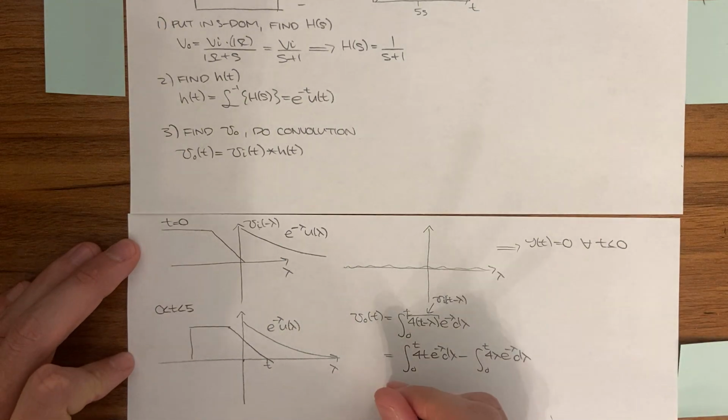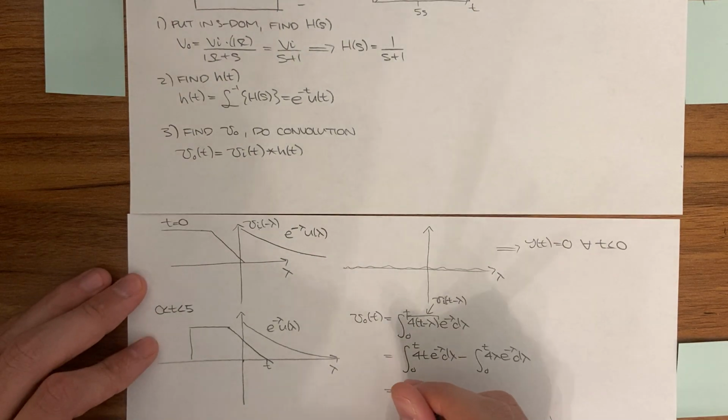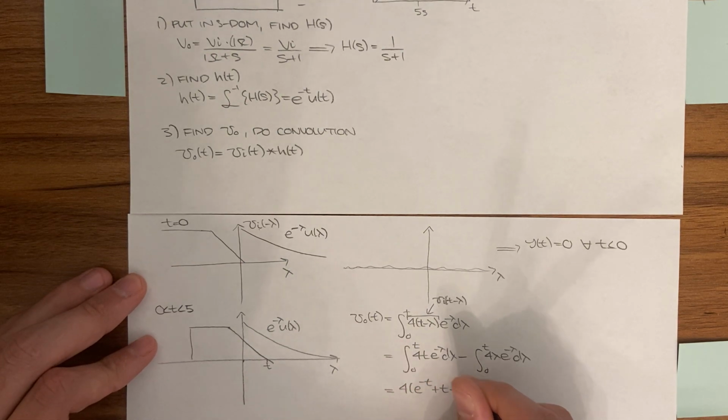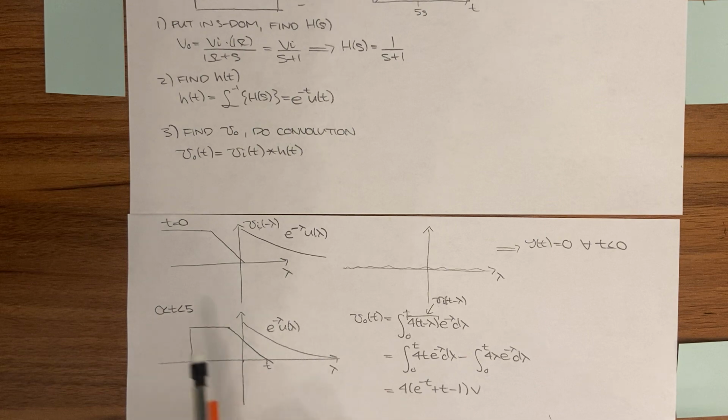I'm not going to spend the time to do that. You guys can, it's fairly straightforward integration by parts. It's just more tedious than anything. So we end up with just 4 e to the minus t plus t minus 1 volts. So this is the expression for the output voltage from time 0 to 5.